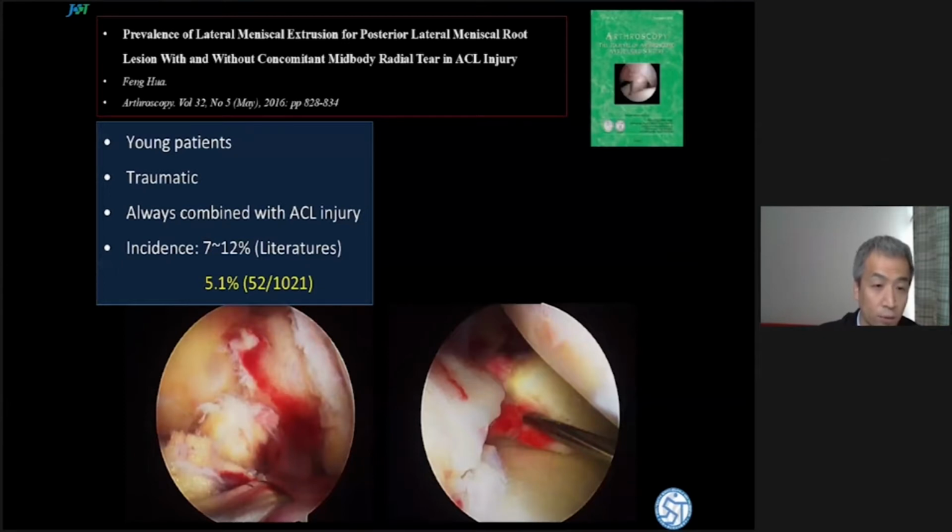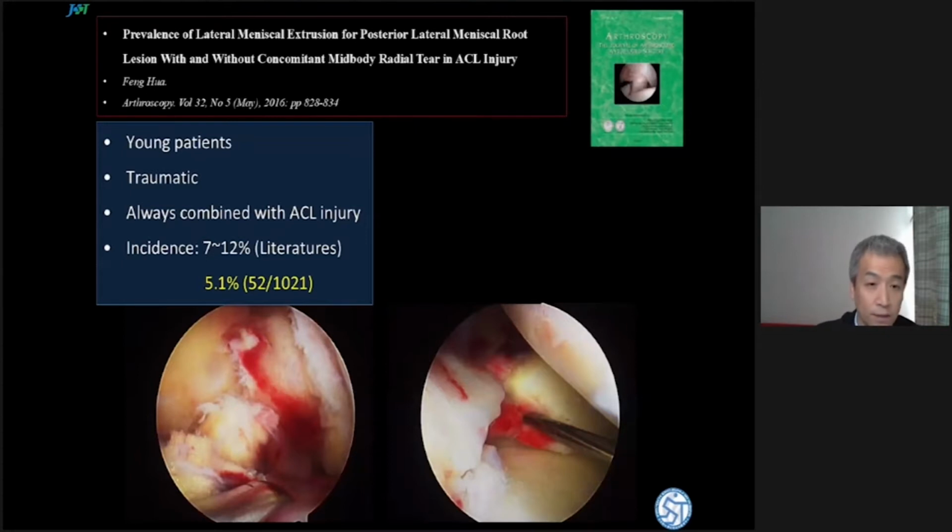We also find some special characteristics of this kind of lesion. It will always happen in young patients, it's traumatic, and it's always combined with ACL injury. The incidence of lateral meniscus root injury is 7 to 12% in the literature, and in our cases it's around 5%.